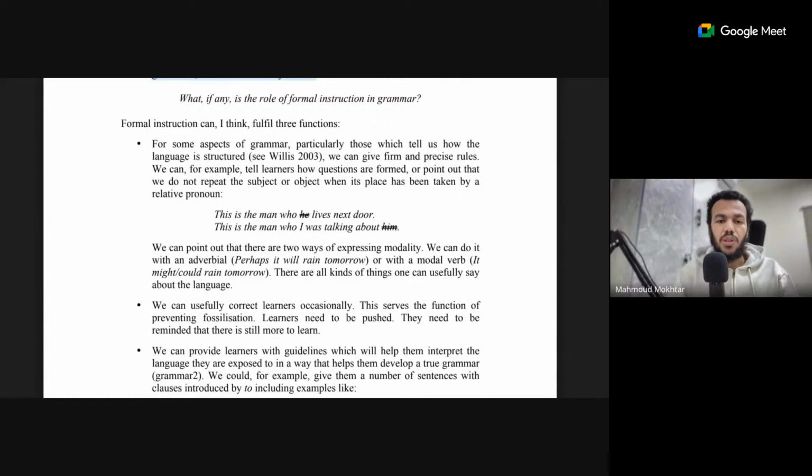Second question is, what, if any, is the role of formal instruction in grammar? Formal instruction can, I think, fulfill three functions. One, for some aspects of grammar, particularly those which tell us how the language is constructed, we can give firm and precise rules.